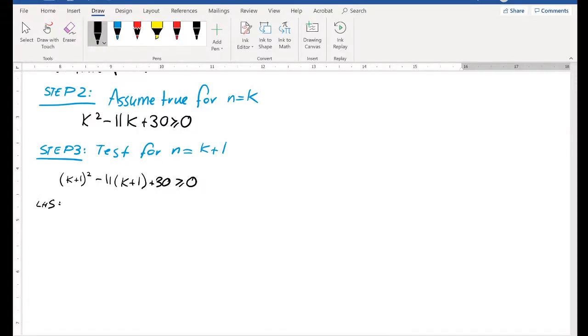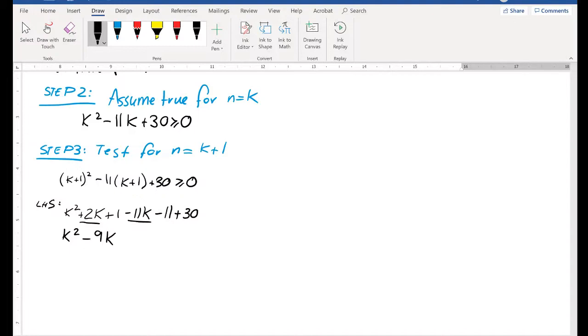If I do that, let's clean this left-hand side up. Let's expand. If I expand that, I'm going to get k squared plus 2k plus 1 minus 11k minus 11 plus 30. Keep going. 2k minus 11k is negative 9k.